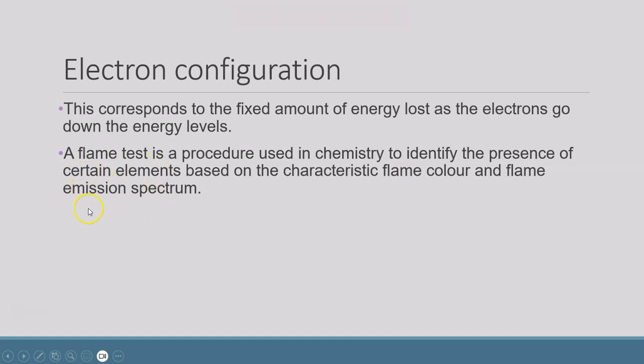By emission spectrum, we mean we allow that color to move through a prism and we figure out exactly what wavelengths of visible light make up this color. And that helps us to identify the presence of certain elements.